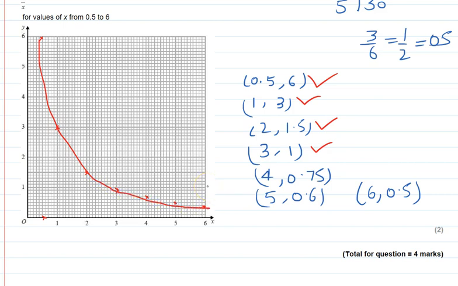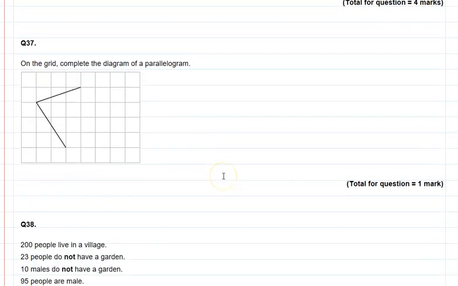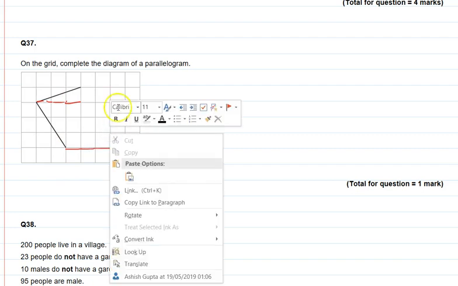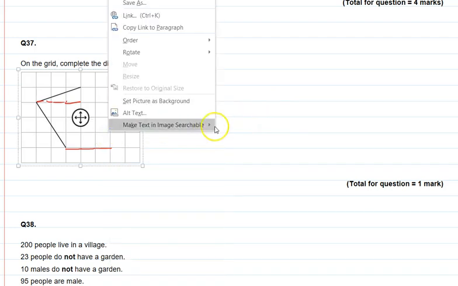Okay, this is your graph. Now, on the grid, complete the diagram of the parallelogram. If you see, this corner goes 1, 2, 3 across and 1 step up. So it comes here, right?